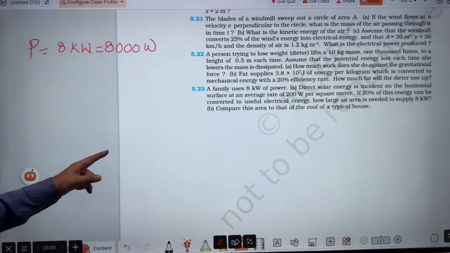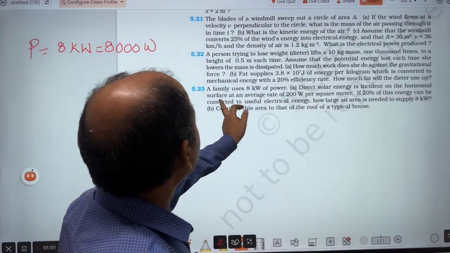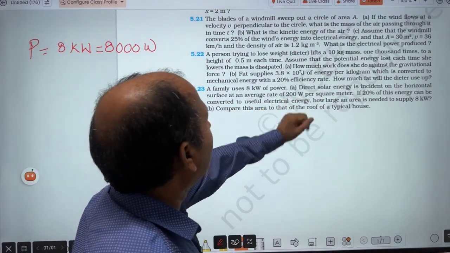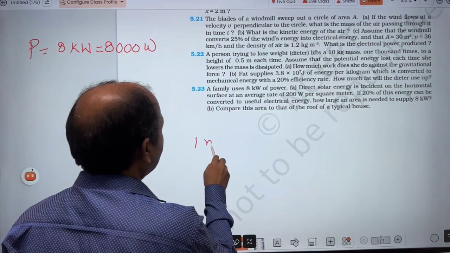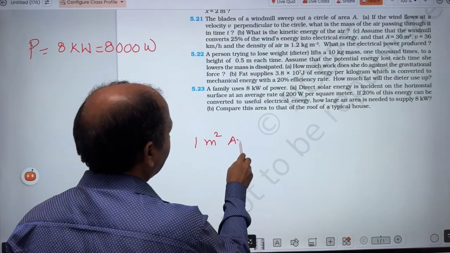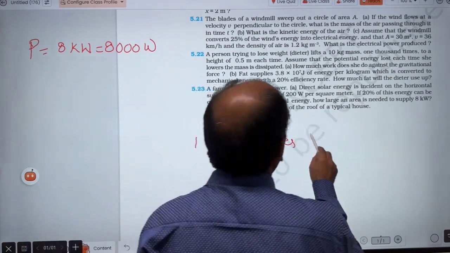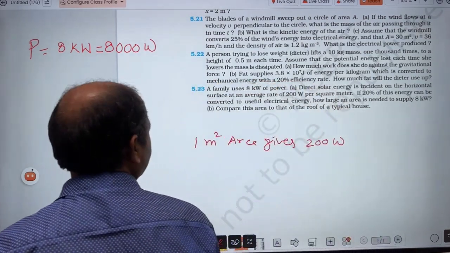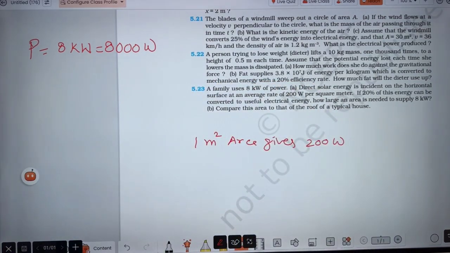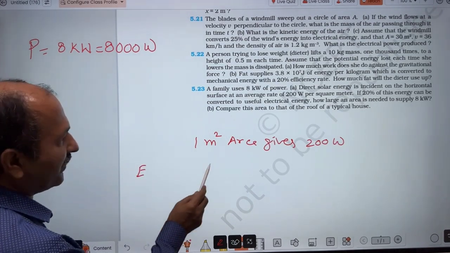And here direct solar energy incident on the surface at an average rate of 200 watt per square meter. So 1 meter square area gives 200 watt energy, right?